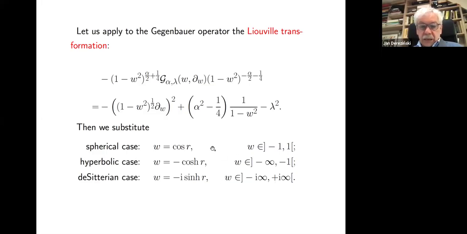So here there are three proposals with the names. The spherical case corresponds to choosing this variable w in a finite interval, the hyperbolic in a half line, and what we call de Siterian on the imaginary axis.